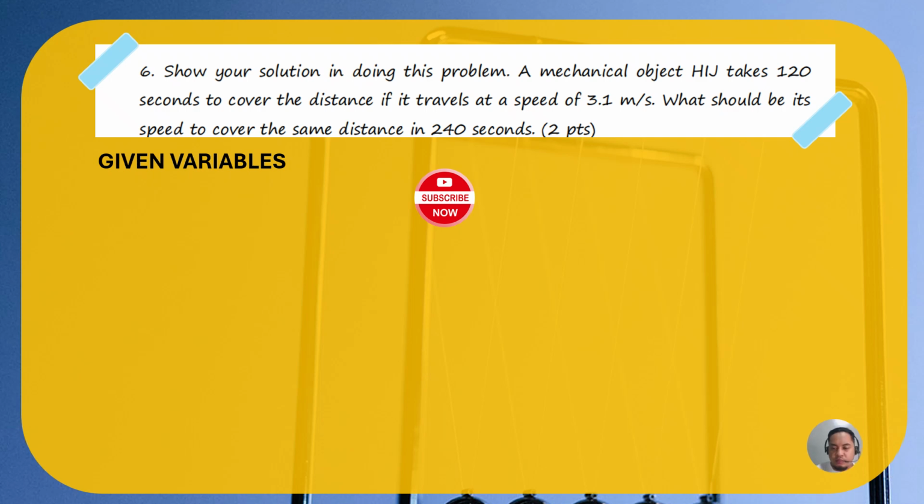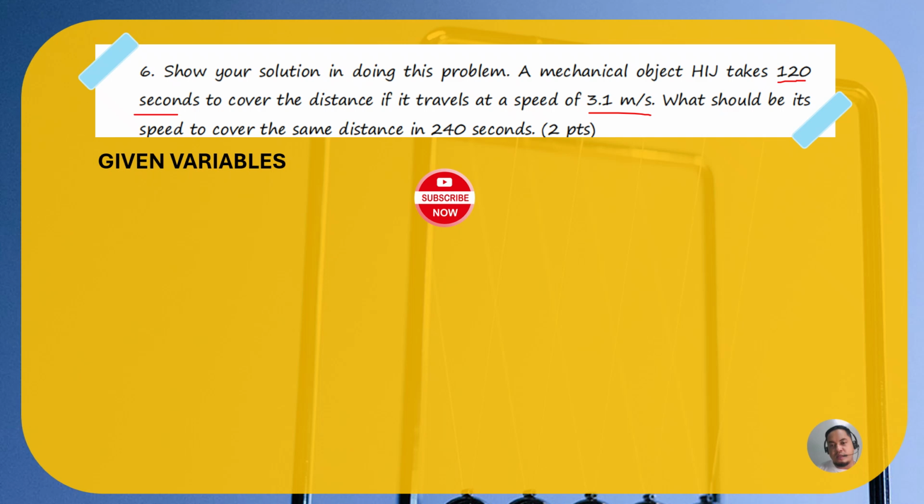So this is a problem found in one of the questions during the culminating test of my physics class. Show your solution in doing this problem. A mechanical object Hij takes 120 seconds to cover the distance if it travels at a speed of 3.1 meters per second.